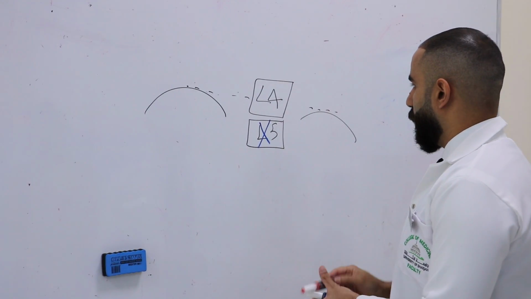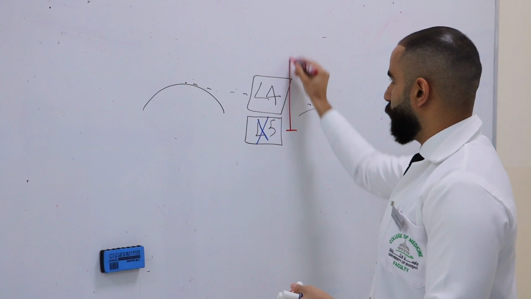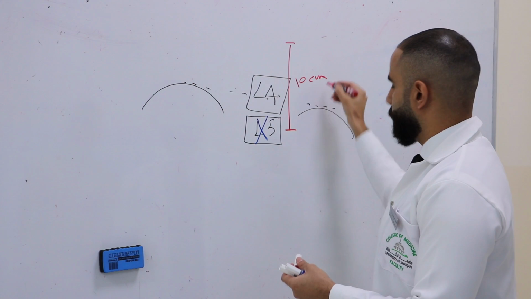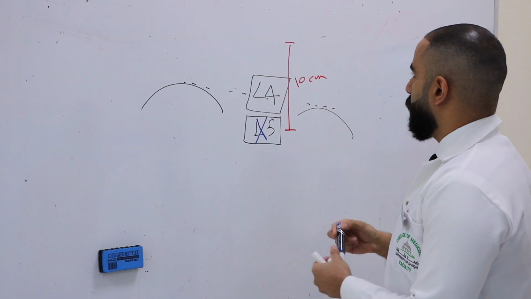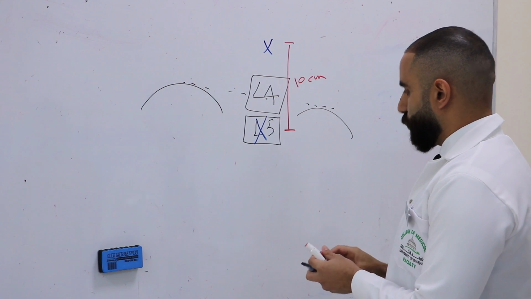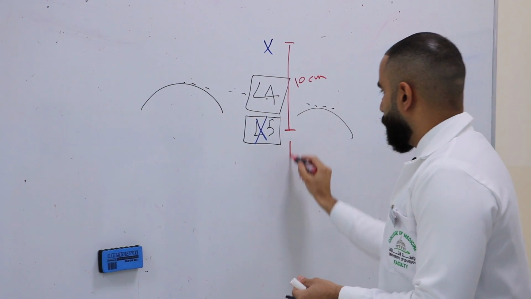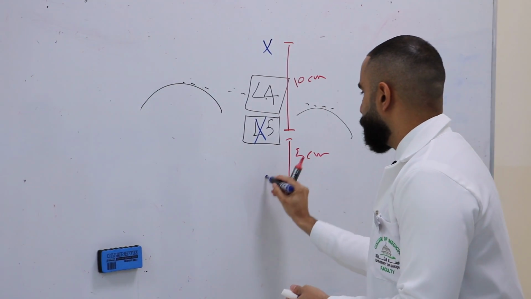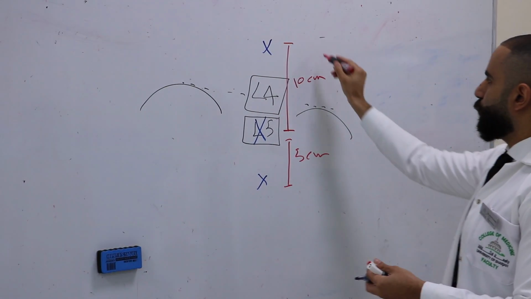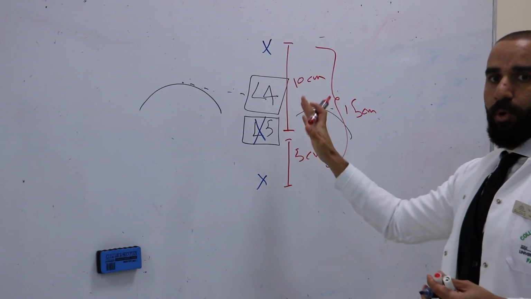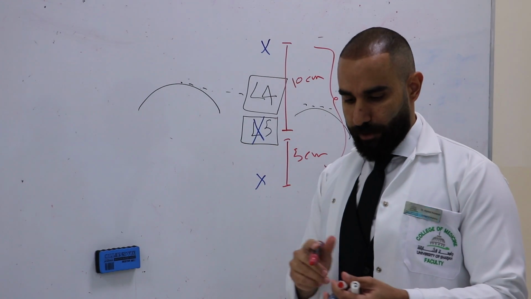So above it, I will go 10 centimeters, of course with a measuring tape. And so this is 10 centimeters. And here I would put a mark. Okay. Then I would go down 5 centimeters. And then I would put another mark. So actually the full distance here is 15 centimeters. Of course, this is while the patient is standing erect.